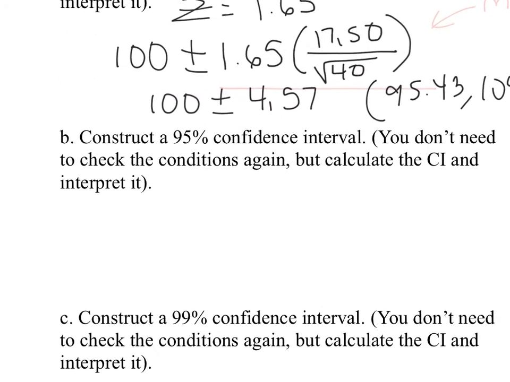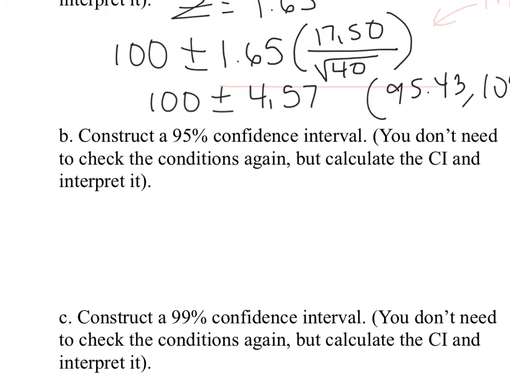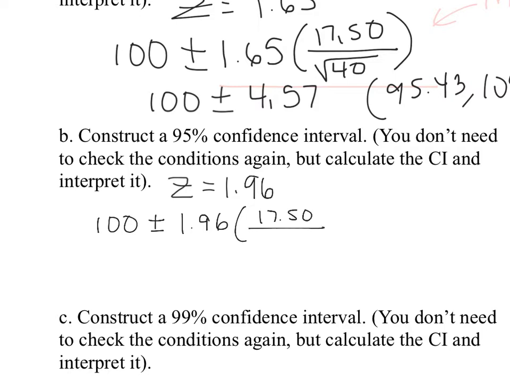For part B, we're looking for the 95% confidence interval. Recall from our lecture on Z confidence intervals that the Z value for 95% is 1.96. So the confidence interval is 100 plus or minus 1.96 times 17.5 over the square root of 40.